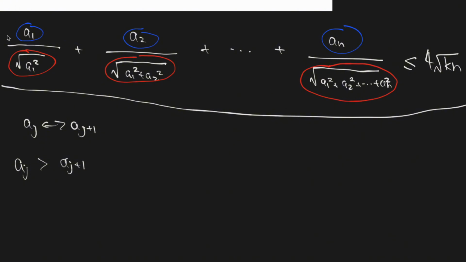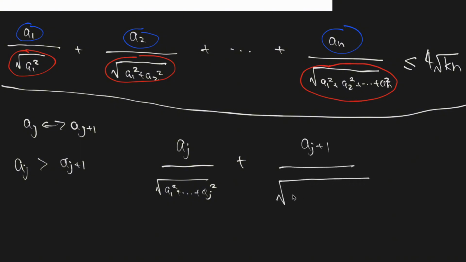For example, all these terms in the front cancel out, so they don't get changed by this permutation. And all the terms in the back also don't get changed, because the two things flip but are still in there together, so it doesn't matter. The only thing that's changing is that originally I had AJ over the square root of a1 squared plus dot dot dot plus AJ squared, plus AJ plus 1 over the square root of a1 squared plus dot dot dot plus AJ squared plus AJ plus 1 squared.